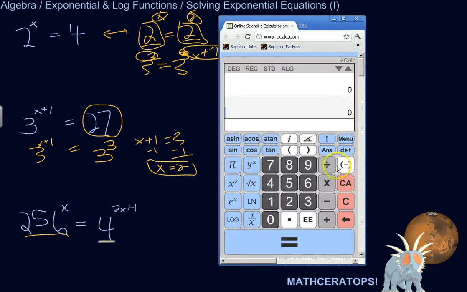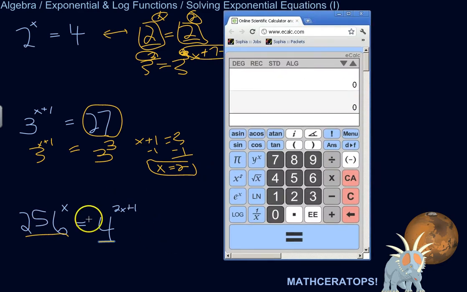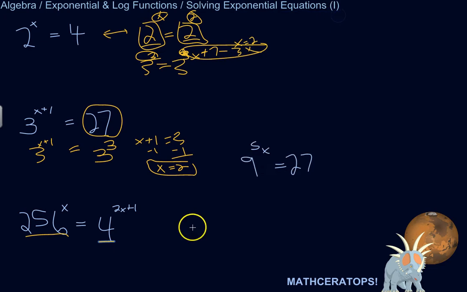That's fine. So I want to see if 256 is some power of 4. Well, that's kind of the point of logarithms, right? What I want to know is log base 4 of 256. Can I express 256 as some power of 4?